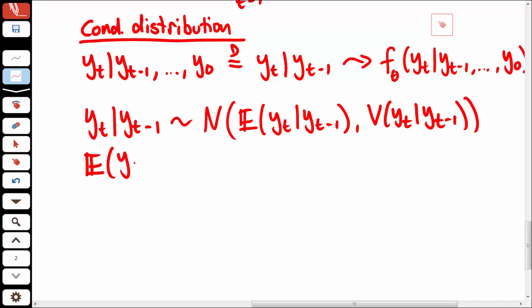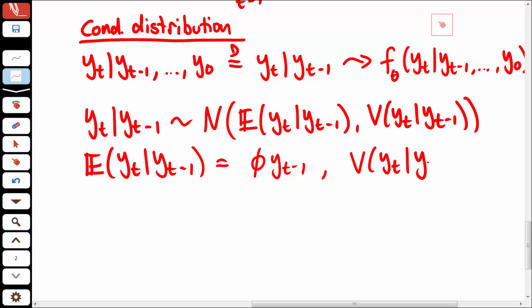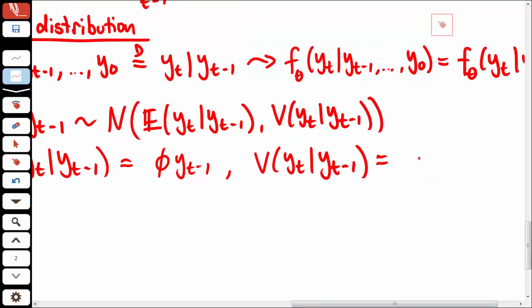In particular, the conditional mean of y_t given y_{t-1} is phi times y_{t-1}, and the conditional variance of y_t given y_{t-1} is equal to sigma squared.